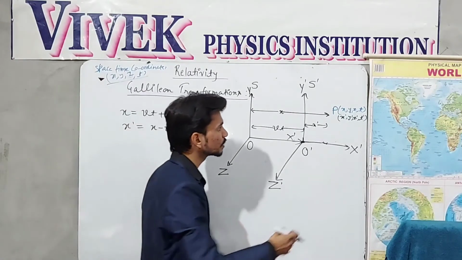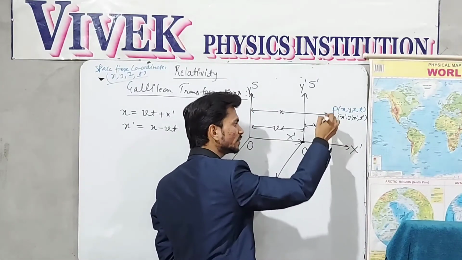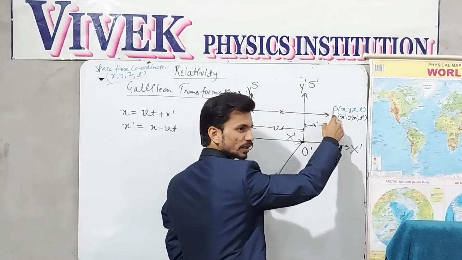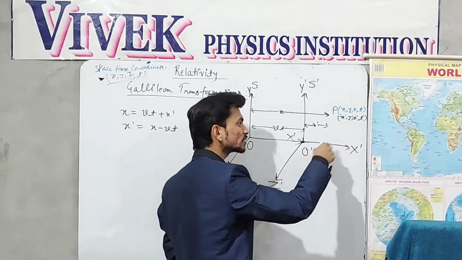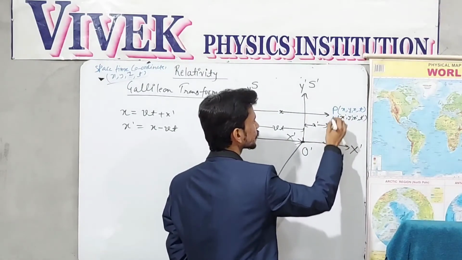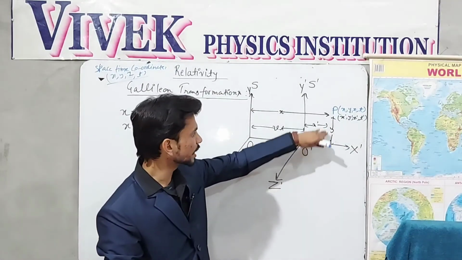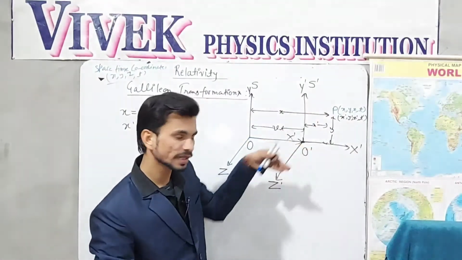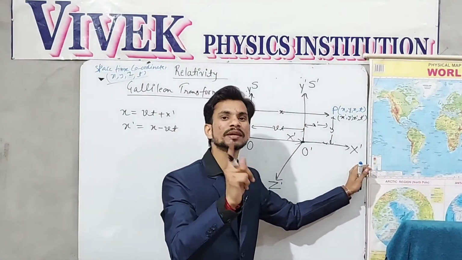Okay, what about y dash? The particle is here, and when you observe this particle P according to O dash, the particle is also at a distance y, because there is no change in the direction of the y axis as well as the z axis, since this frame of reference is only moving along the x axis, in one direction.